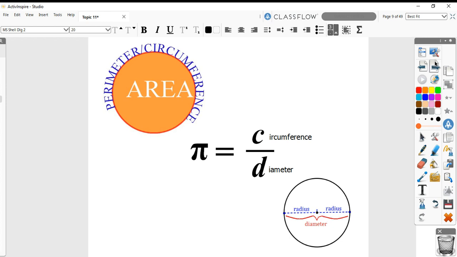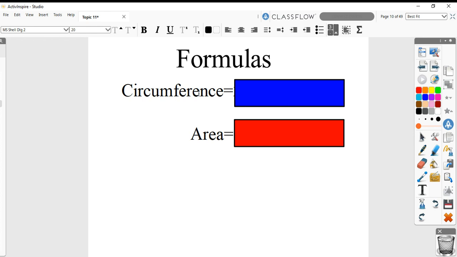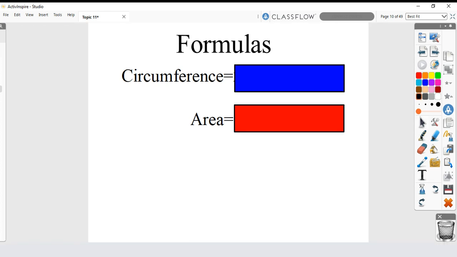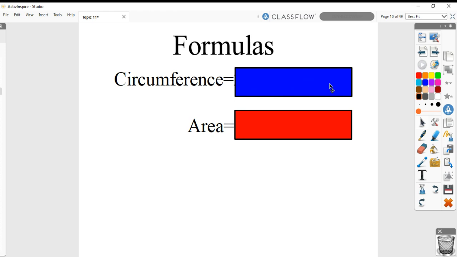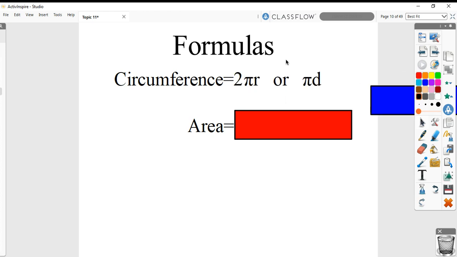Okay, so let's first look at the formulas for these two things, circumference and area. Circumference is one, and you probably learned both of these at least a little bit in middle school. The way you learned about circumference back then was this formula right here, pi times the diameter. That's a perfectly good way to learn about the circumference, because it's true. Pi times the diameter equals the circumference. But we are also going to be using this formula today, 2 times pi times the radius.